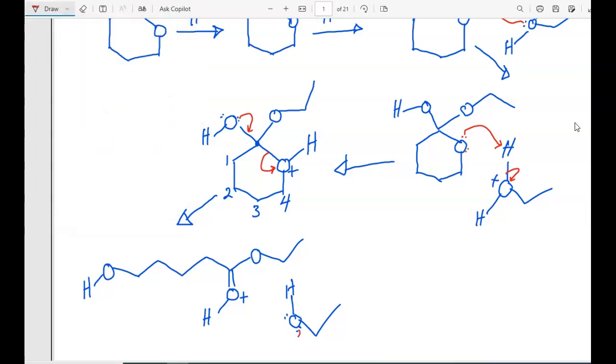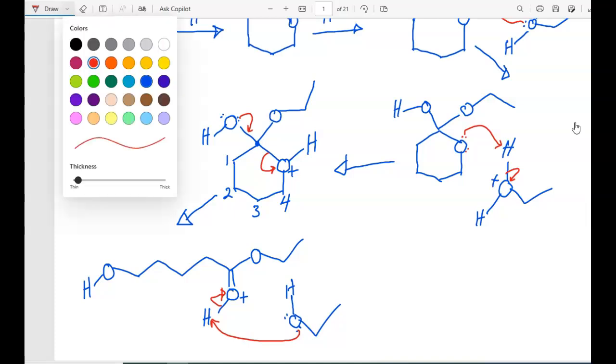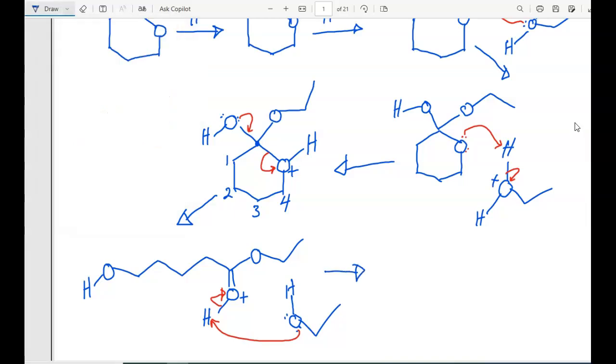So this is able to pick up that proton that breaks in there, regenerating the acid, and we get our product.